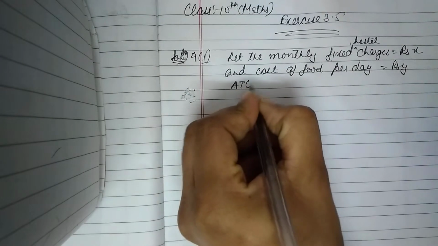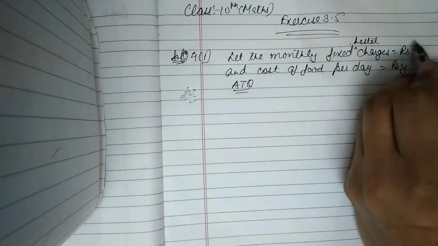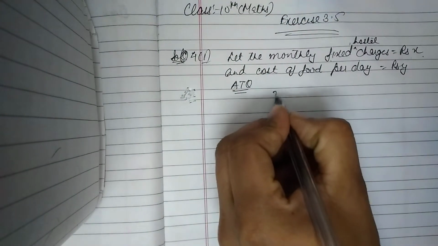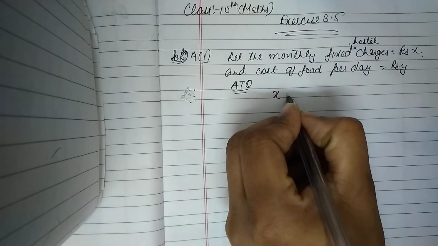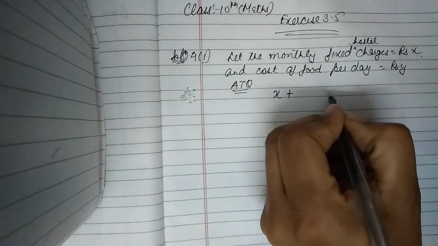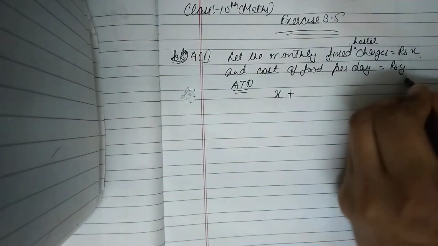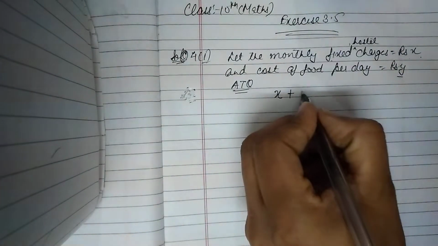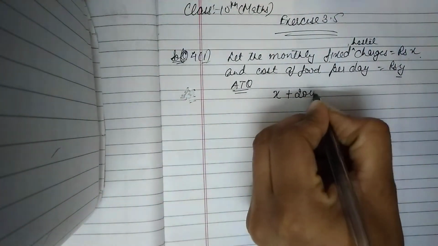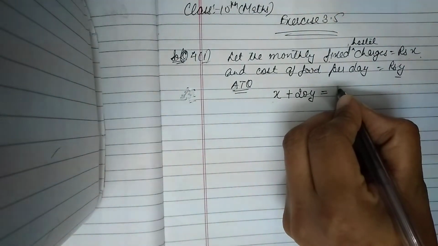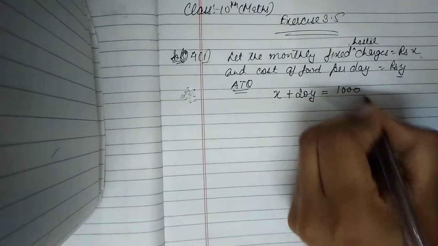One is the fixed charge, which is compulsory for all students, so she has to pay X rupees as monthly hostel fees plus mess charges. One day's charge is Y, so for 20 days she pays 20Y. The total charges she paid is 1000 rupees.